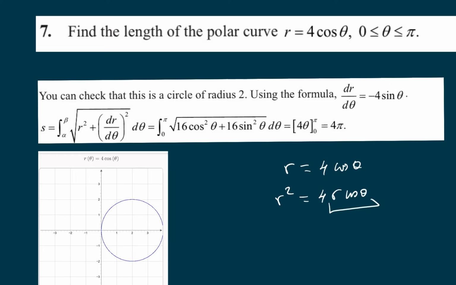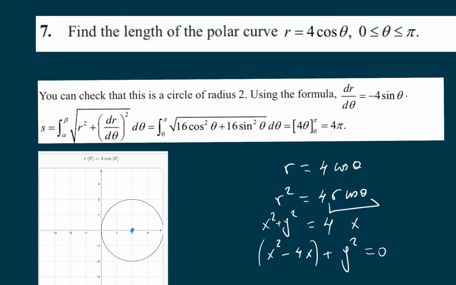But r cosine of theta is x, so you will have an equation that says x squared plus y squared equals 4x, so x squared plus y squared minus 4x equals 0. If you complete the square on the x, you will find the Cartesian equation of this polar curve.